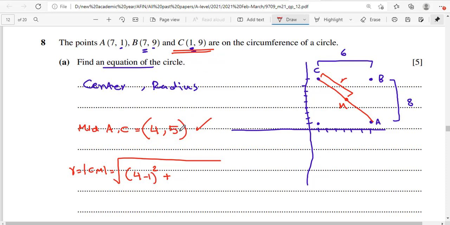I cannot say 9 minus 5. Four minus 1 is 3. 3 squared is 9. Plus 5 minus 9 is negative 4 squared is 16 under square root, and it's going to be 25. Square root of 25 is 5.